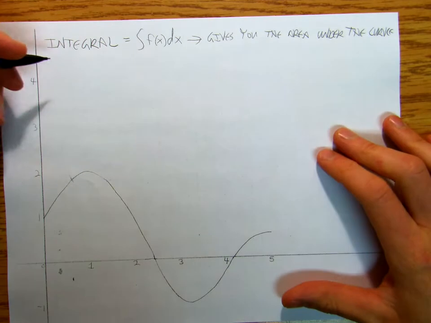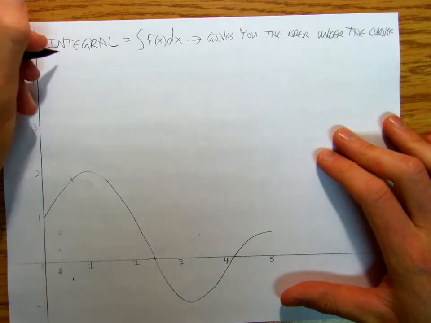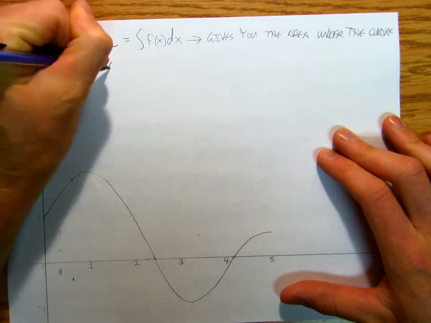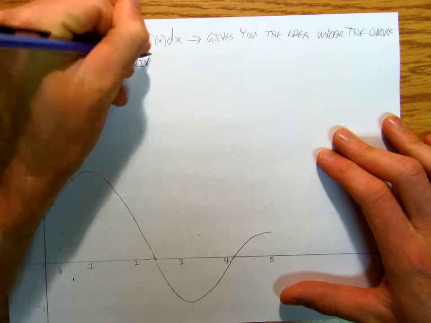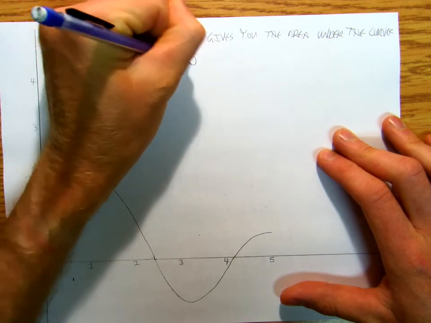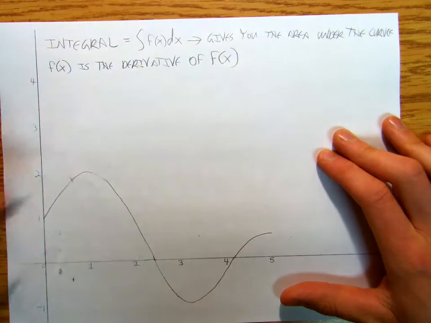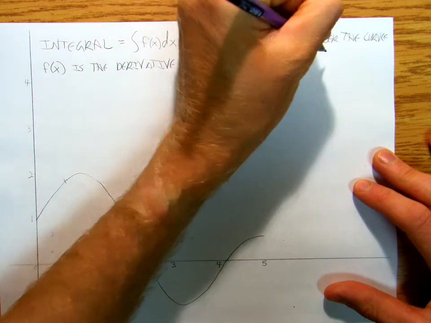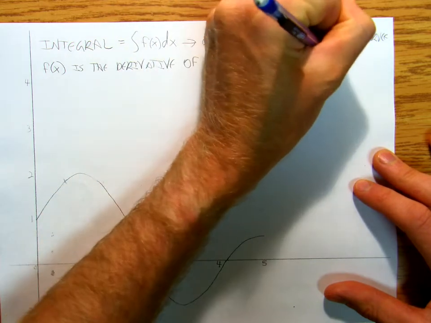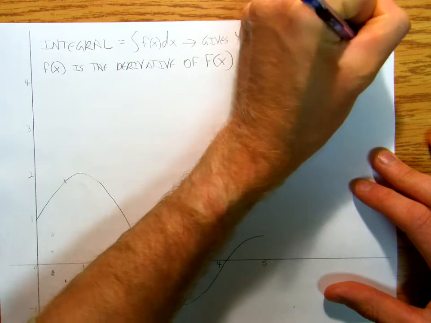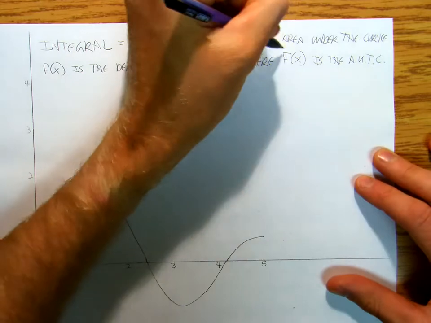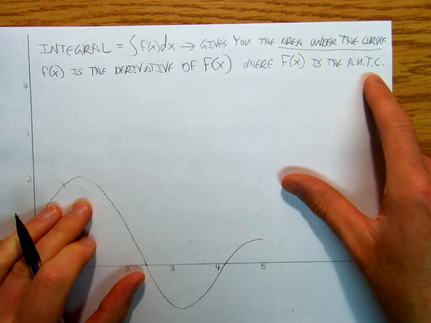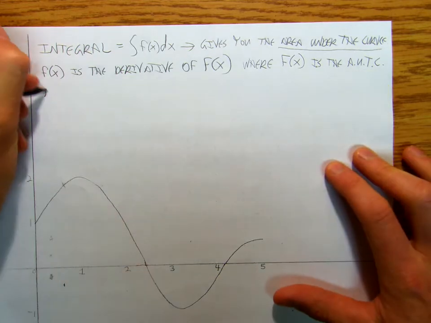The other concept is we say that capital F of x is the derivative of little f of x, where capital F of x is the area under the curve, right?